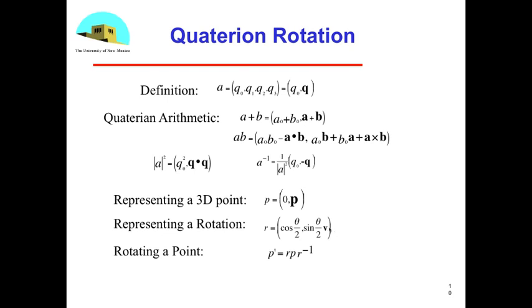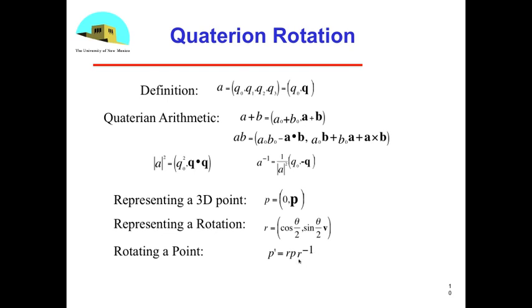Okay, so if I want to rotate about a vector v by theta degrees, if I use this particular quaternion R, then the rotation of this point P is given by the quaternion R times the quaternion P times the inverse of the quaternion R. Now, look, there's no reason for you to think, oh, that's obvious. It's not obvious. You have to work this all out algebraically to show that.